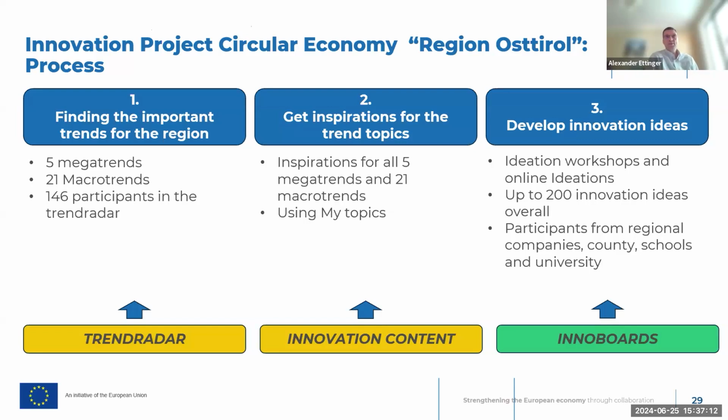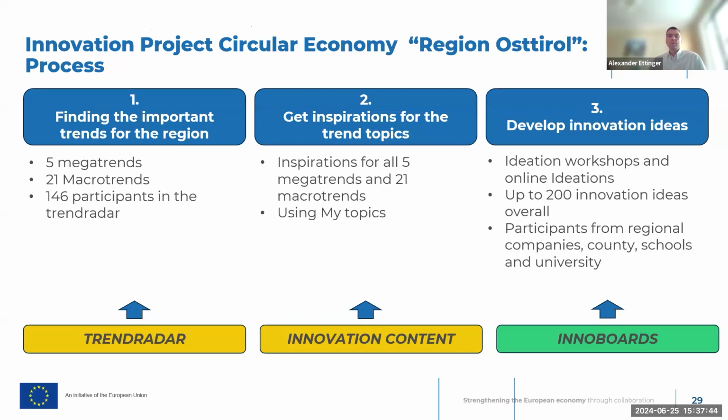They used my topics, they used the feeds, and this was the part for the second step. In the third step, they tried all together to develop innovative ideas for the circular economy in the region. That means that we had ideation workshops and online ideations. These online workshops and online ideations took place over a time of half a year, and all the participants took part in them.